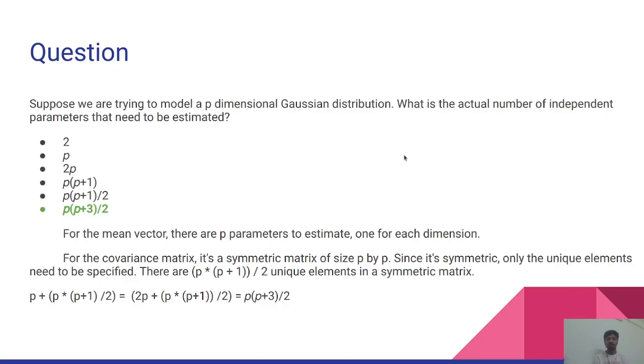The correct option is p into p plus 3 divided by 2.